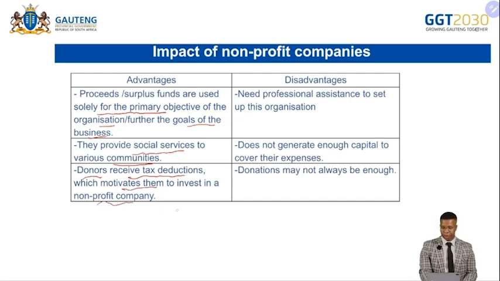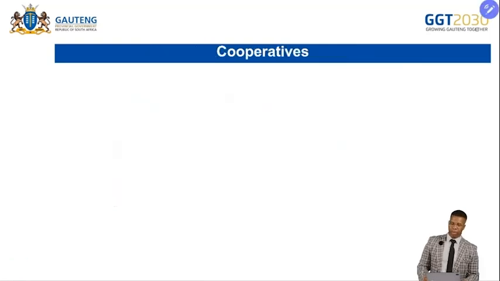And then disadvantages: these non-profit companies need professional assistance to set up the organization. It does not generate enough capital to cover their expenses, and donations may not always be enough to operate a non-profit company. Then we have cooperatives.